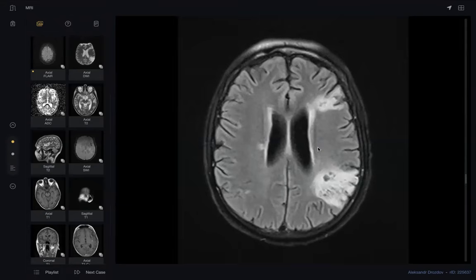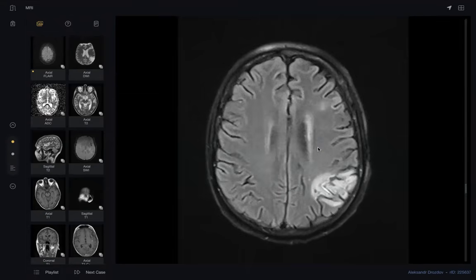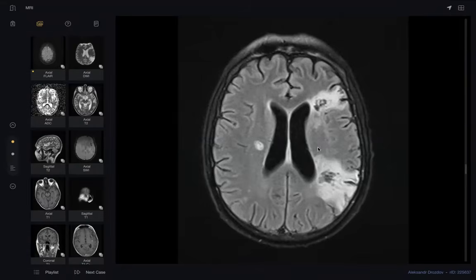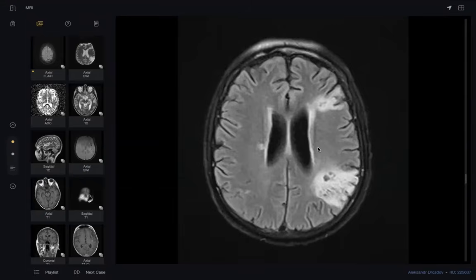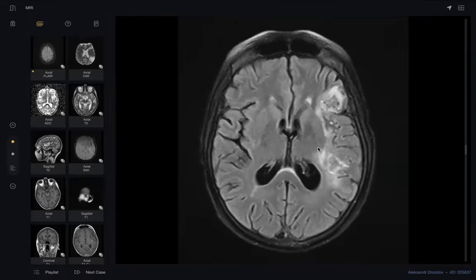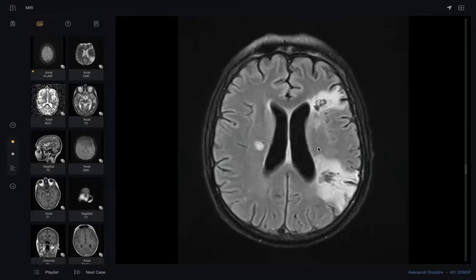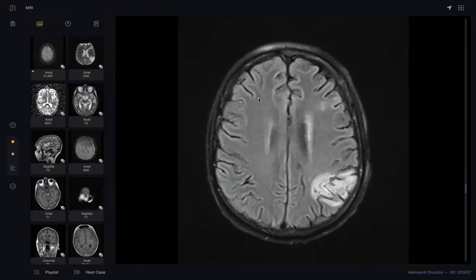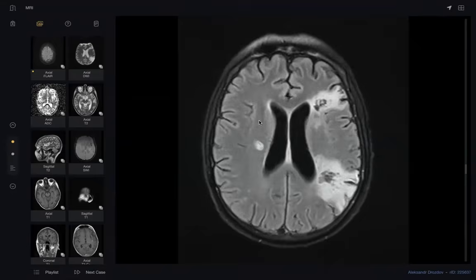By the way, doctor, this is not thromboembolic. Why? Thromboembolic lesions are mainly in the watershed zones, yes. Watershed zone, number one. Number two, thrombi, any blood-borne pathology, like these areas at the junction between cortex and white matter overall.